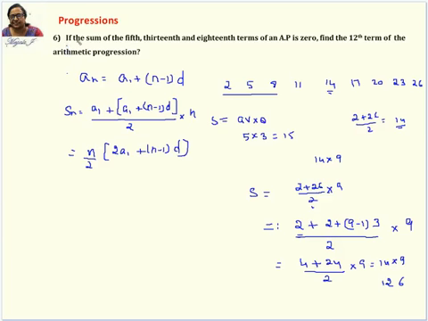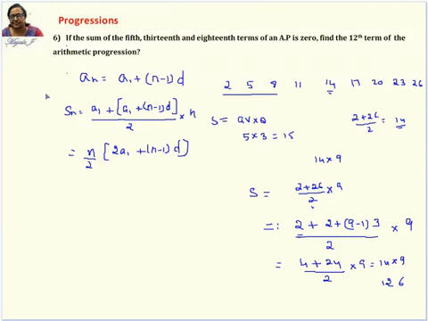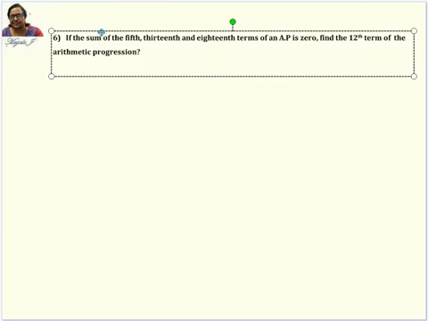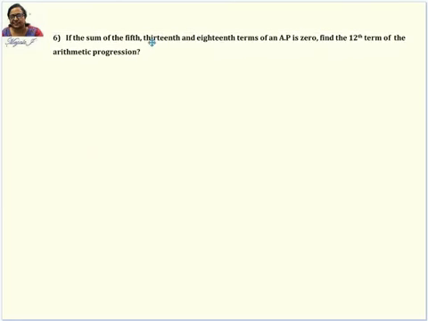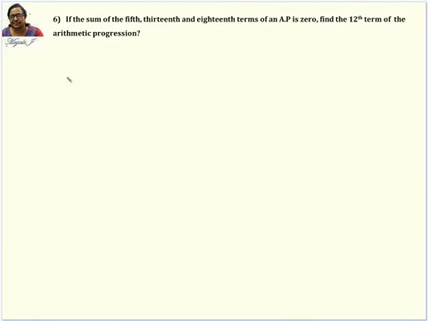How about geometric progression? Okay, we'll do that when the problem comes. Let me finish up this first. Yeah, please do this. Try at least.